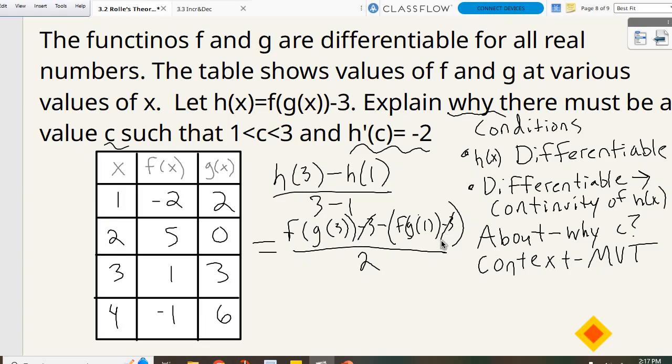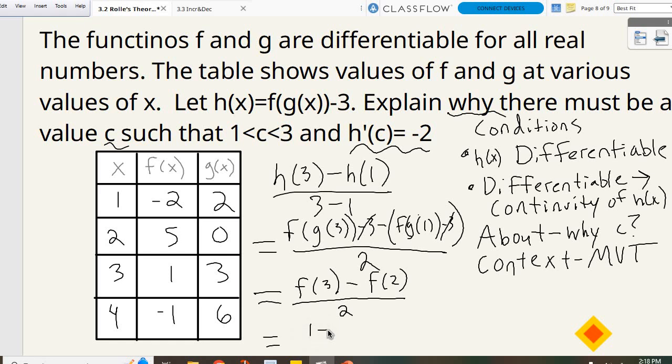So I can do that. Yes? And we don't really have to worry about them. And then we can use our table. So what is g of 3? 3. So then I have f of 3 minus, what is g of 1? 2. So then I have f of 2. What is f of 3?